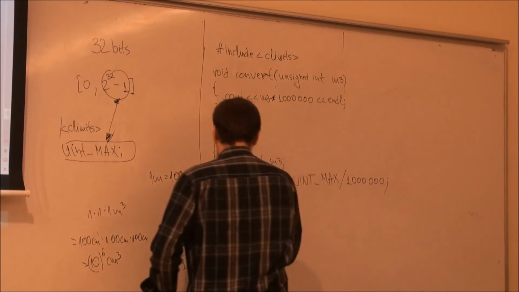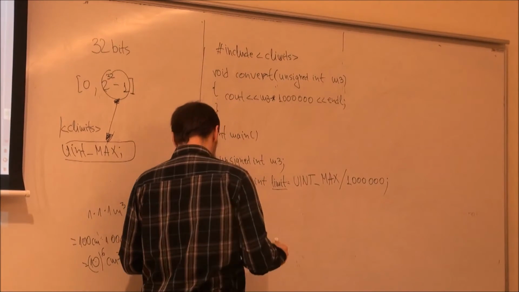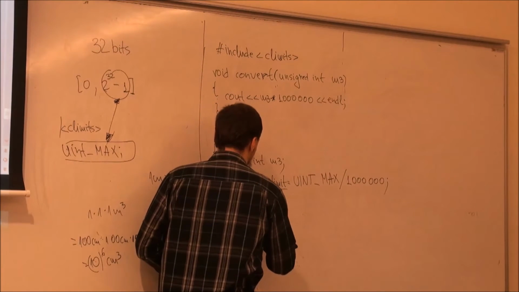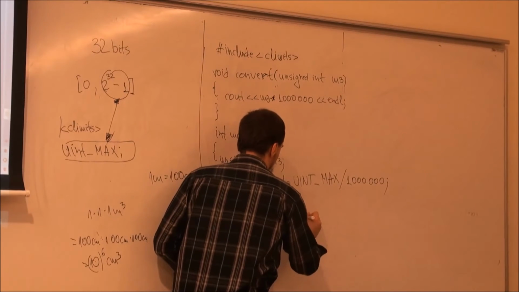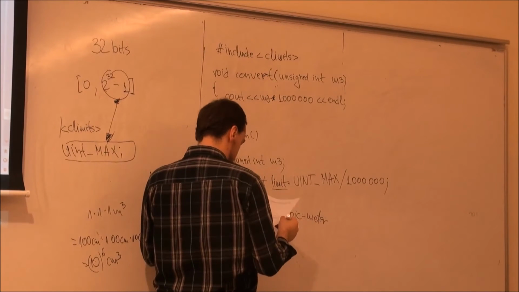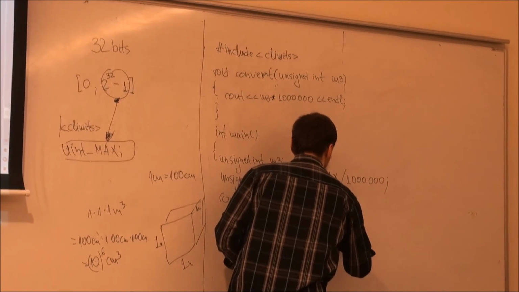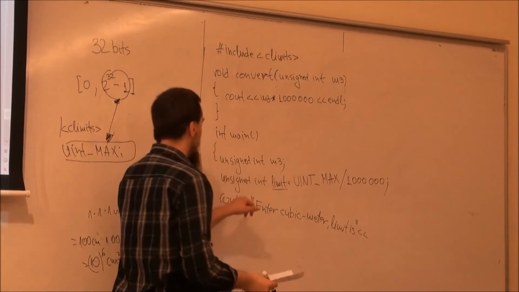Now, I'm just prompting the user, saying to the user what he or she should do. Enter cubic meter. Limit is, and I'm printing this limit.